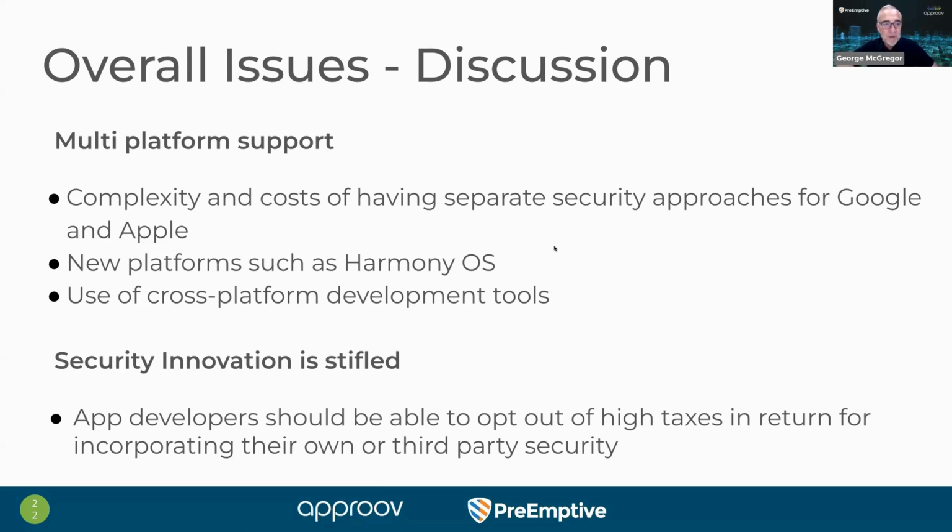We're in a world now of cross-platform development tools because people are trying to manage the costs of development. We have new platforms coming up, as we mentioned, and it's very complex and very costly having different security approaches for different platforms. And this is only going to get worse. So I don't know, John, if you have a comment on the multi-platform support piece. Go ahead.